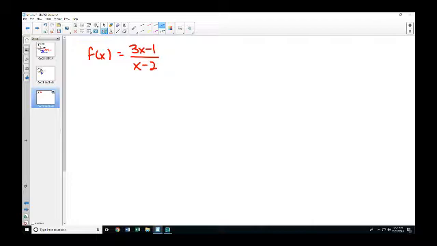What do you got? Remember, vertical asymptote, what's the question you're asking? Where's the denominator 0? So we have x equals 2 right there. 2 minus 2 is 0, right? Horizontal asymptotes in this case are more difficult because that's not formatted as a parent function, child function.